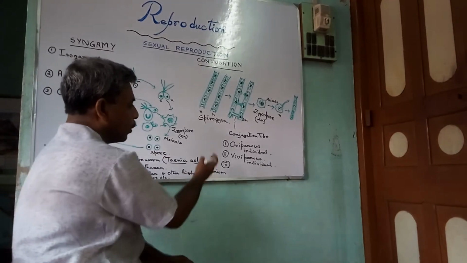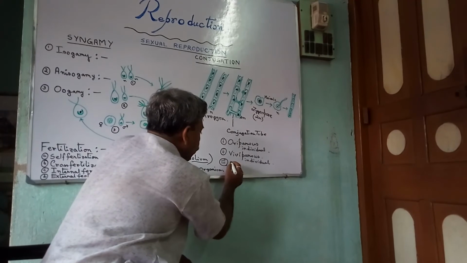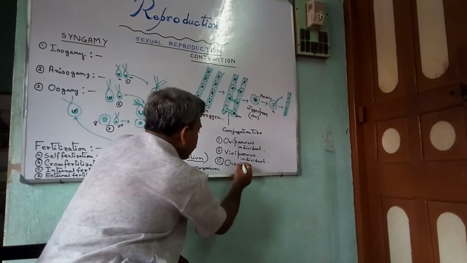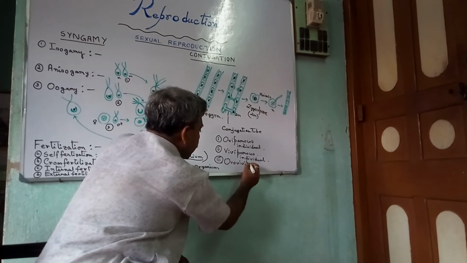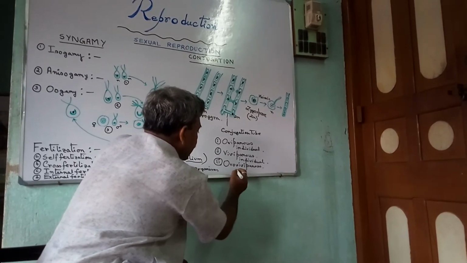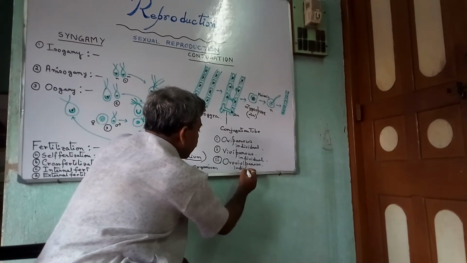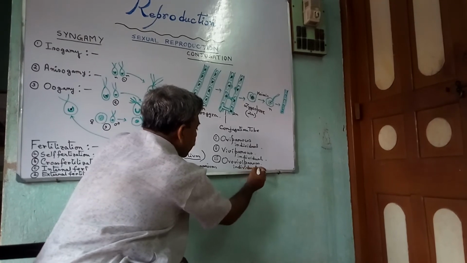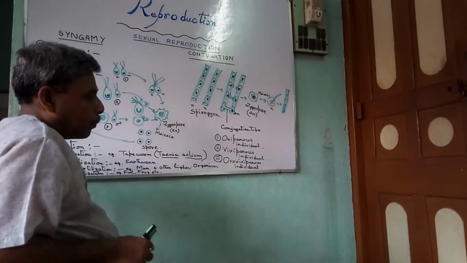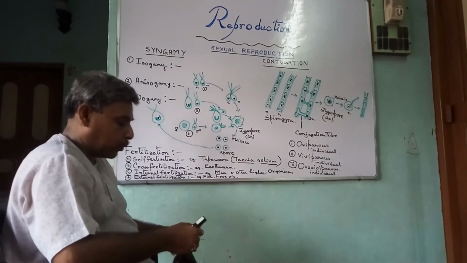That is called ovoviviparous individual, or the fertilization is ovoviviparous fertilization. So these are all about sexual reproduction. In the next class we will discuss pollination and alternation of generation and so on.